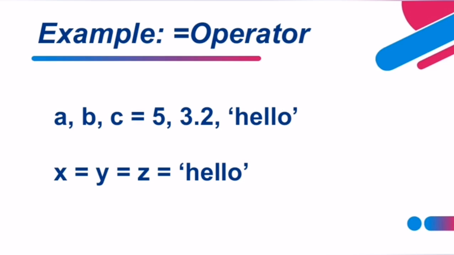We can also assign the same value to multiple variables. For example, x equal to y equal to z equal to hello. So hello is assigned to all 3 variables x, y and z.